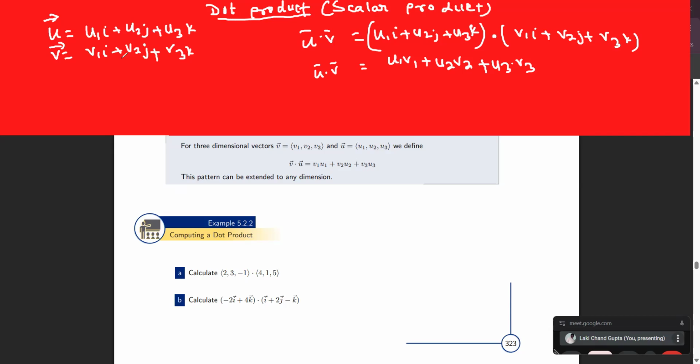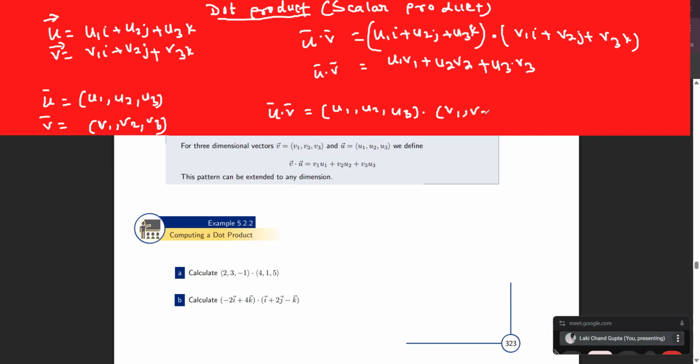Sometimes vectors are represented in this way: u1, u2, u3 and v1, v2, v3. Then the dot product is u1 v1 plus u2 v2 plus u3 v3.